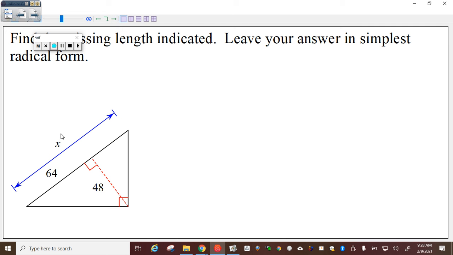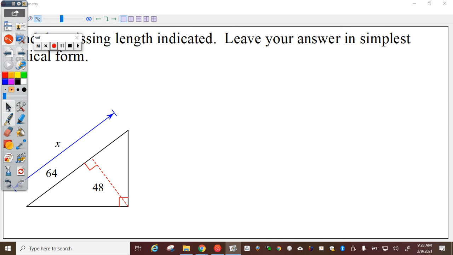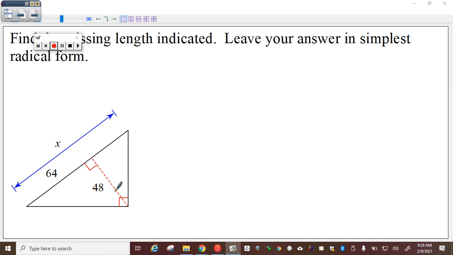All right, let's look at this for a second. We already know that 48 is equal to the geometric mean of this part and this part, right? But I don't know this part.